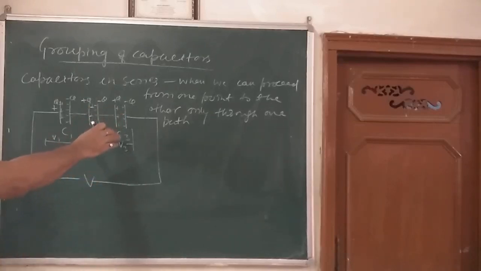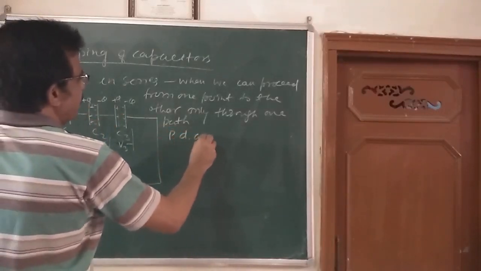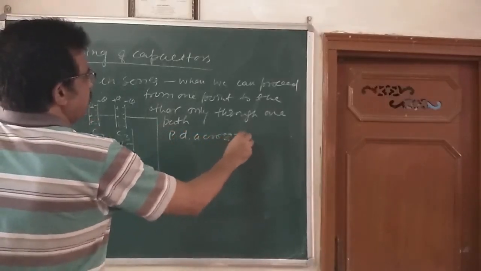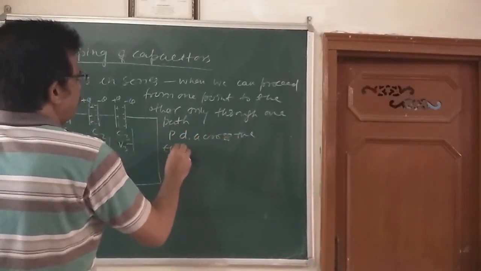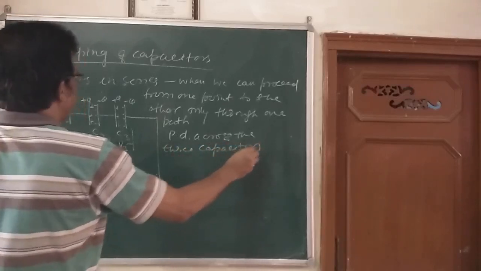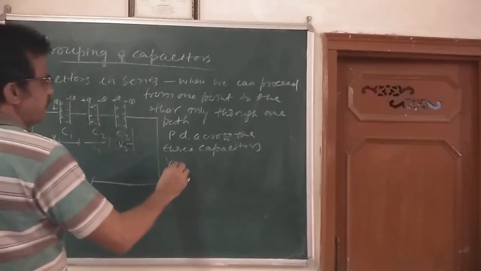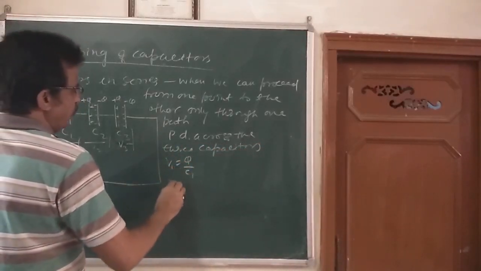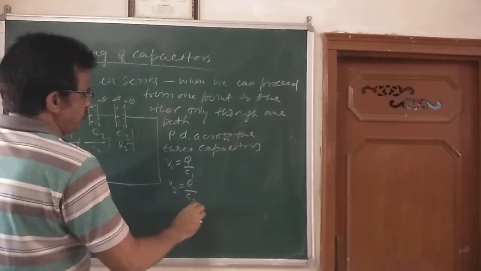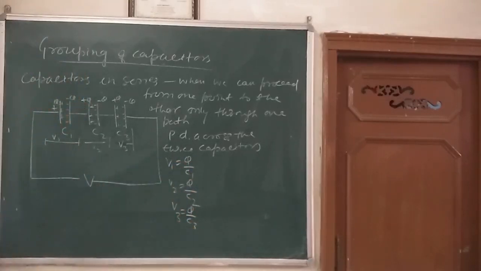So dear children, as the capacitances are different, the potential difference across the three capacitors would be V1 is equal to Q by C1, V2 is equal to Q by C2, and V3 is equal to Q by C3.